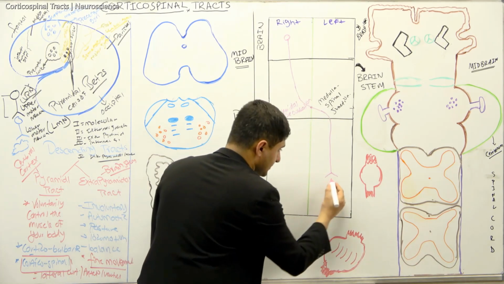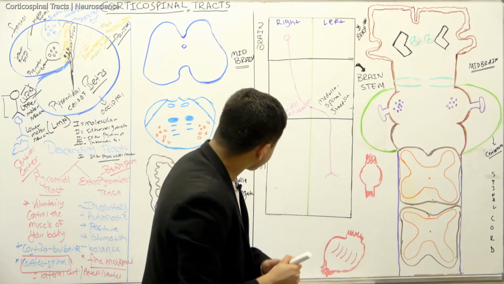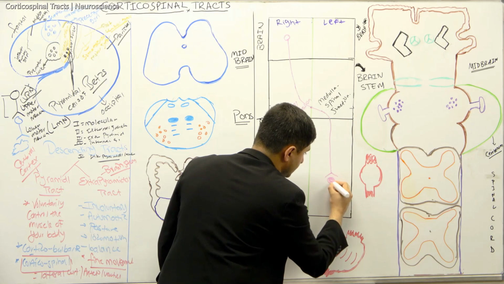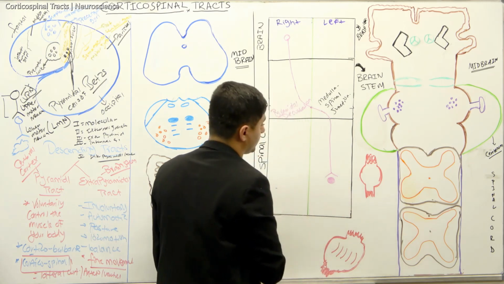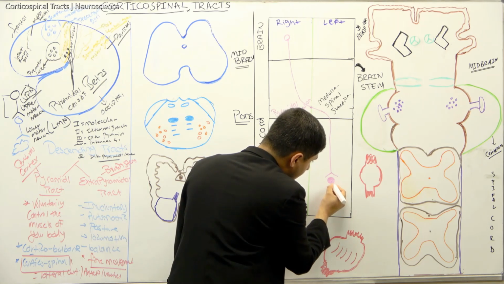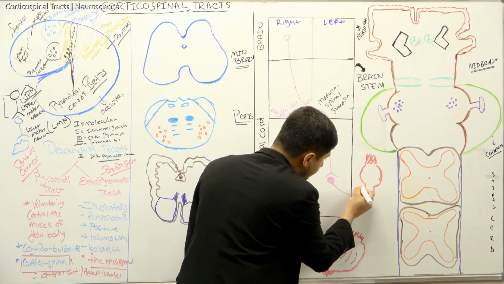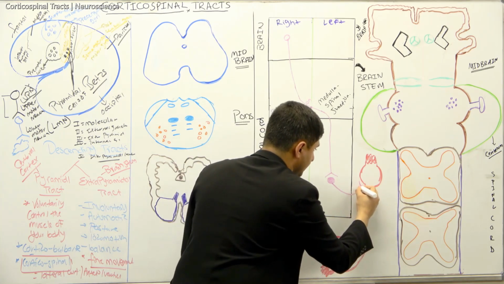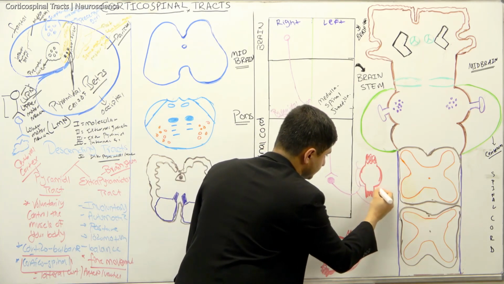So let's say they come down here, and then they will do what? They'll synapse at these lower motor neurons, and then from there, their output goes like this.